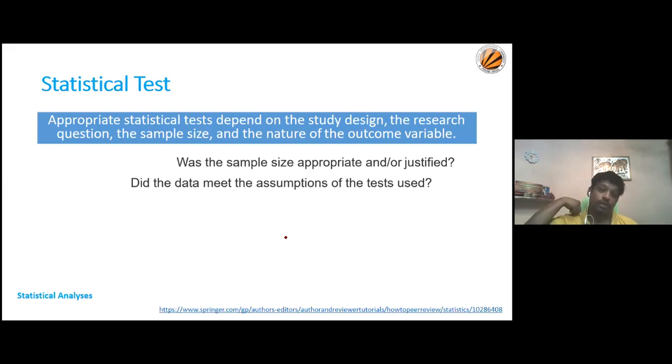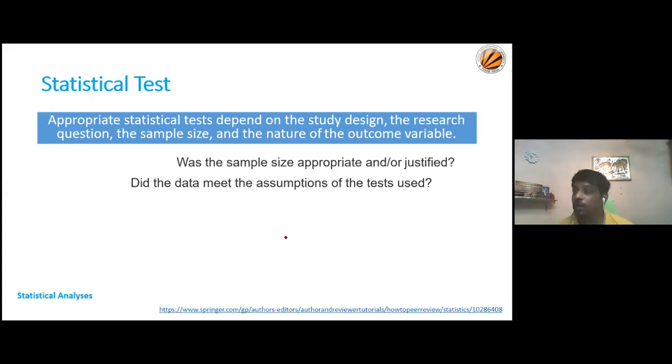There are some statistical assumptions that should be met in your analysis. For example, there are two kinds of tests we use, parametric and non-parametric. If you are choosing a parametric test, there are certain assumptions that the statistical tool you're going to use should meet.